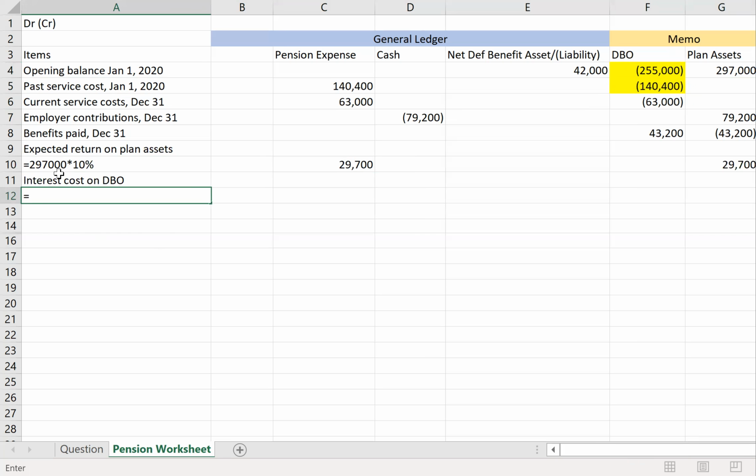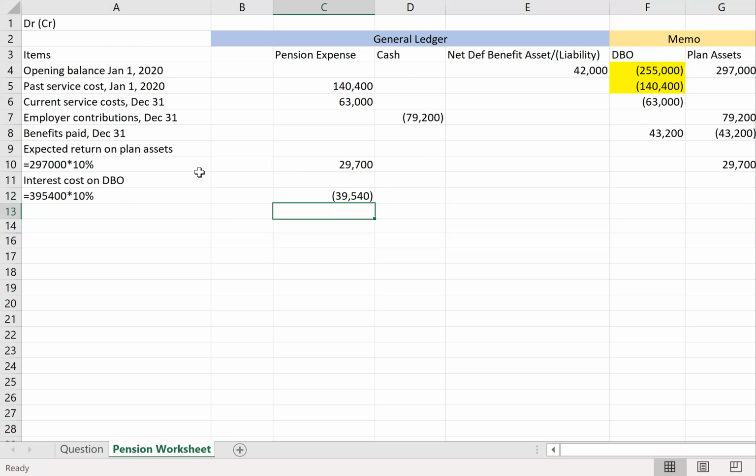So this is going to be 395,400 times 10%. Okay, and that basis of this 395,400 is really important. And this is going to increase our pension expense.